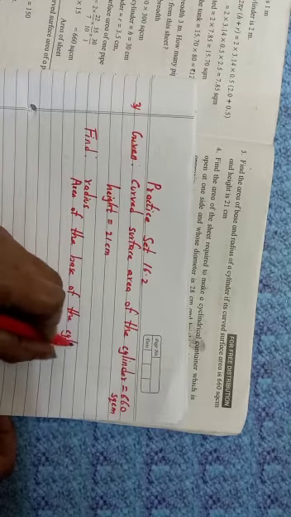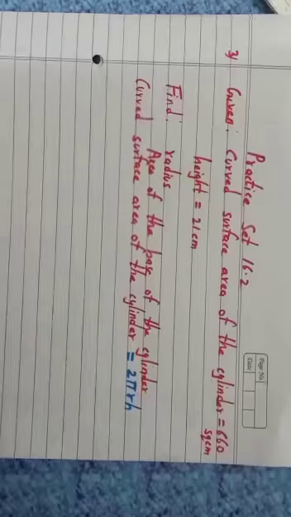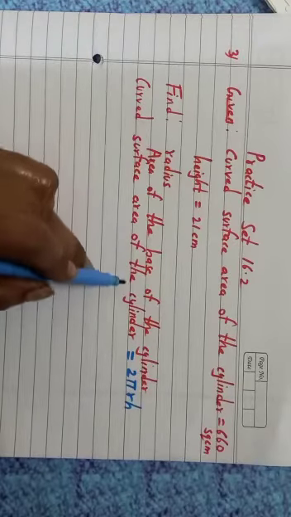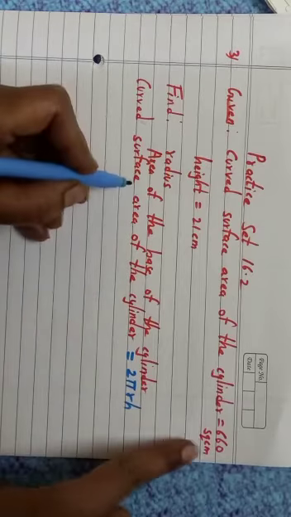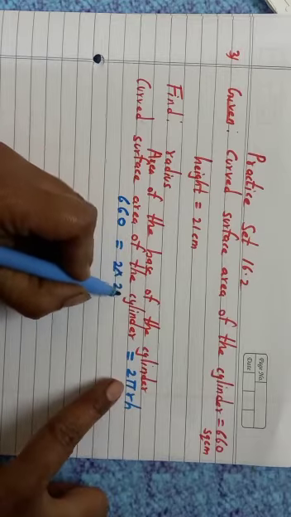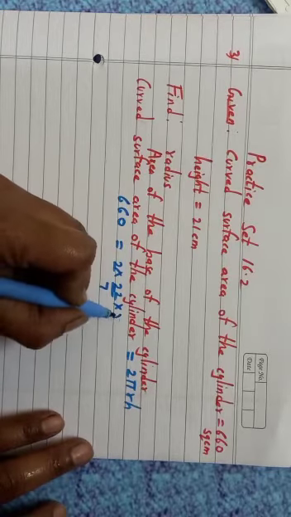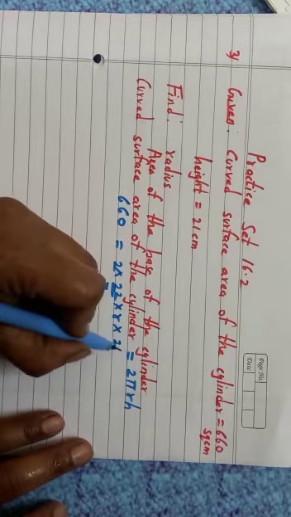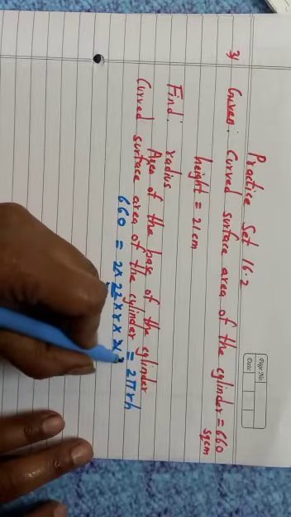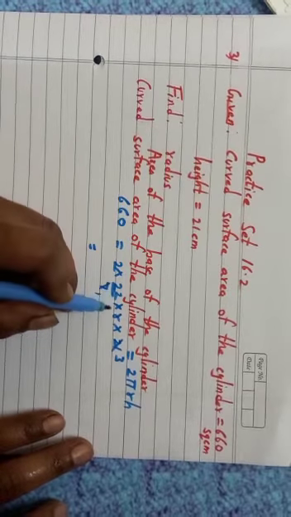We will start with the curved surface area, because it is already given to us and we know the formula of it. The formula for the curved surface area of the cylinder is 2 pi r h. So 660 equals 2 into pi value 22 upon 7, into r, which we have to find, into height 21. 7 threes are 21, so this is equal to 2 into 22 into r into 3.